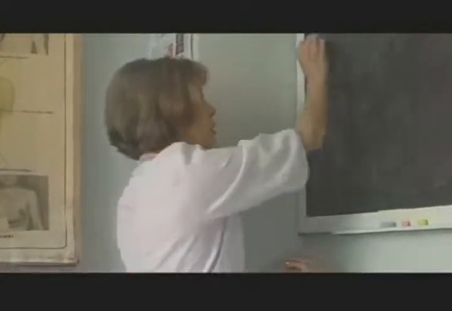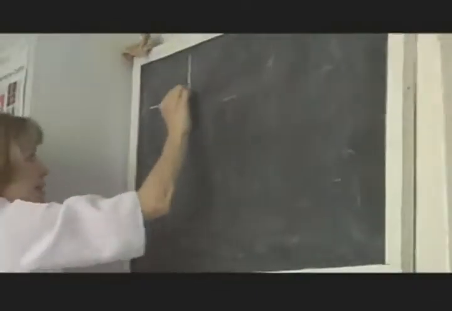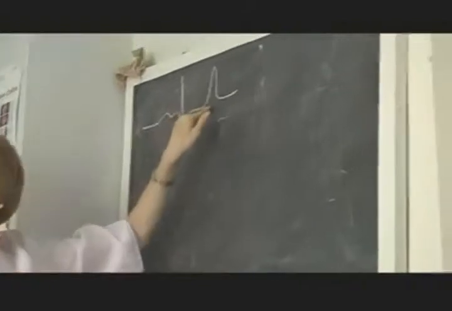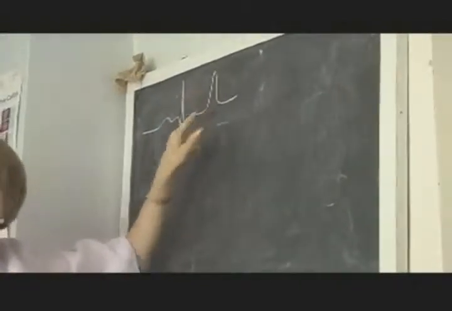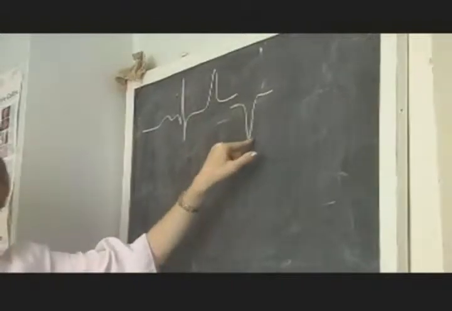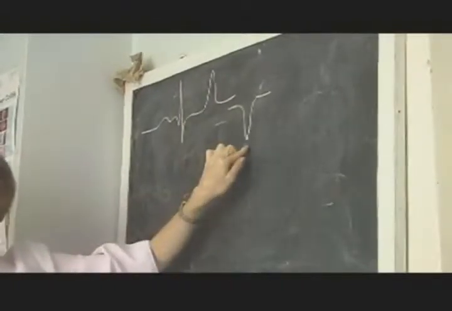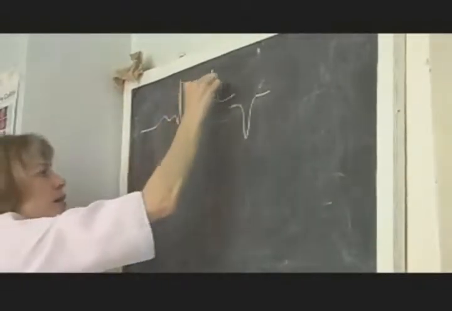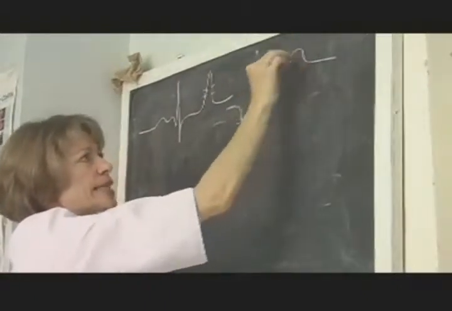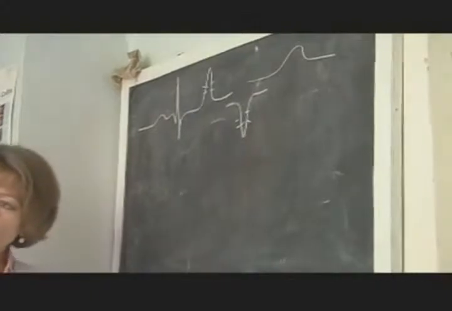On ECG, it will be manifested with formation of a pathological T wave. It can be positive or it can be negative, but in all cases it has a sharp top and it's symmetric. Normal T wave, I will remind you, is asymmetric and rounded.